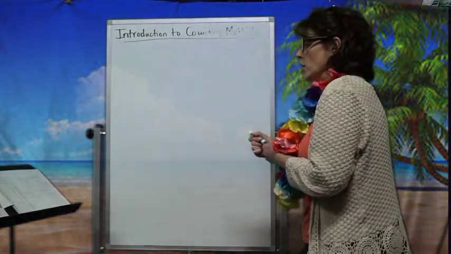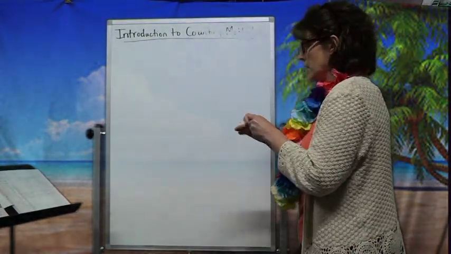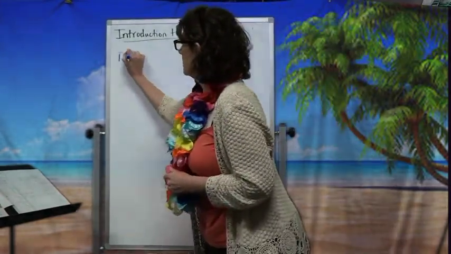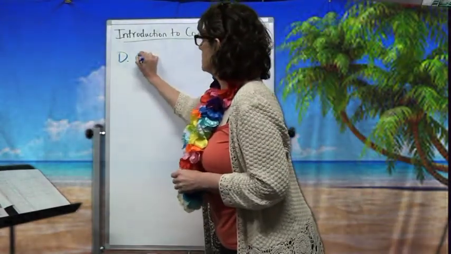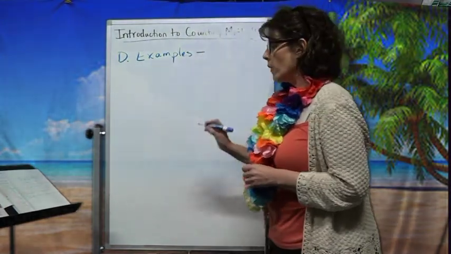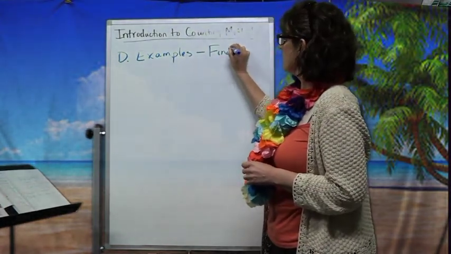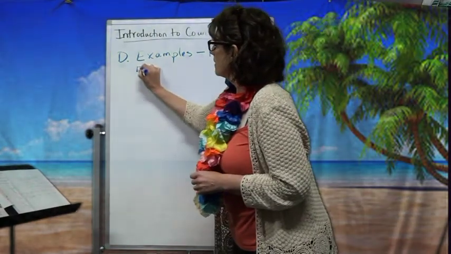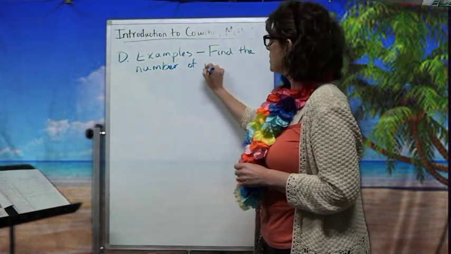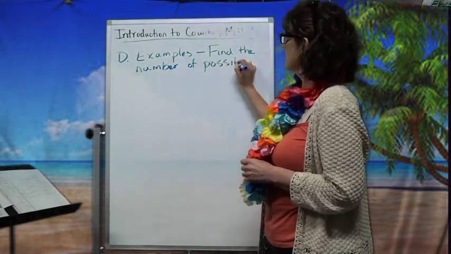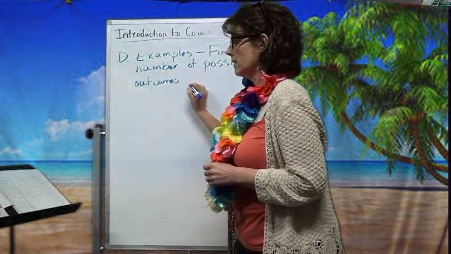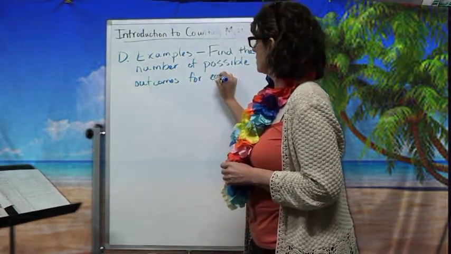So again, let me give you some examples of this fundamental counting principle, and I left off here with D. What we're going to do in these examples, and I've got 4 of them, is find the number of possible outcomes for each situation.